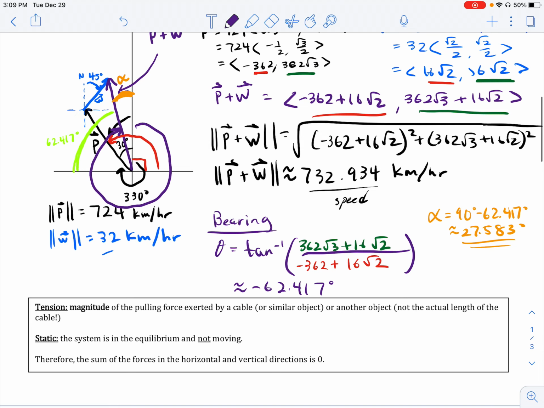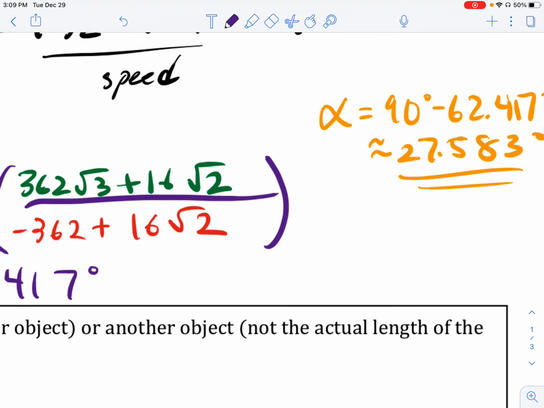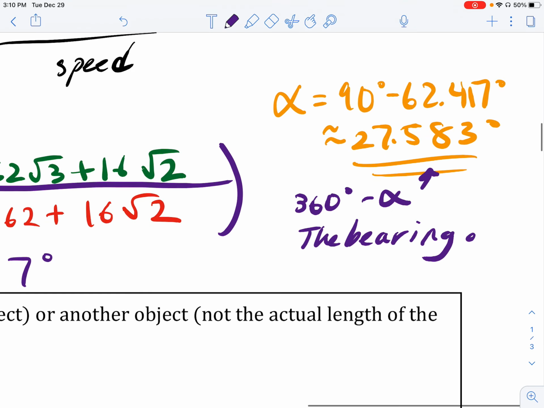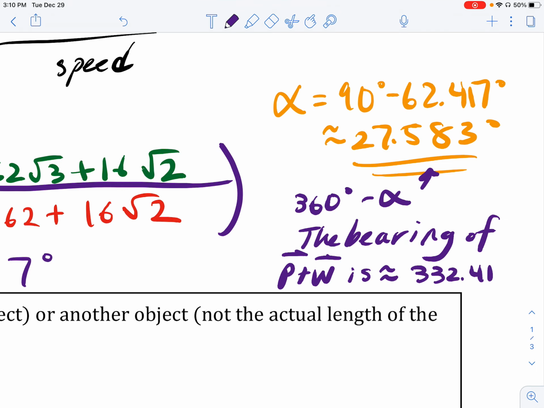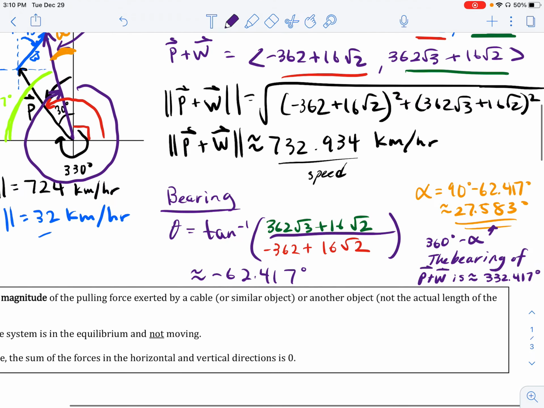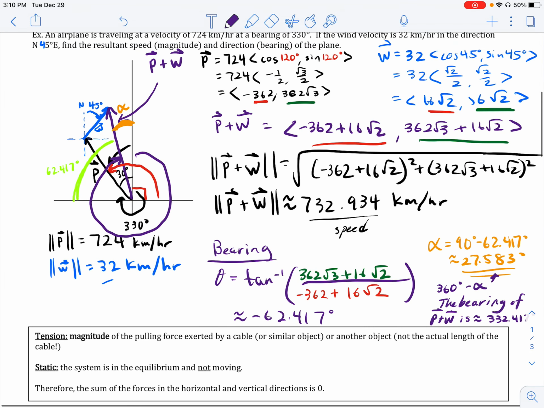So the bearing of P plus W is approximately 332.417 degrees.